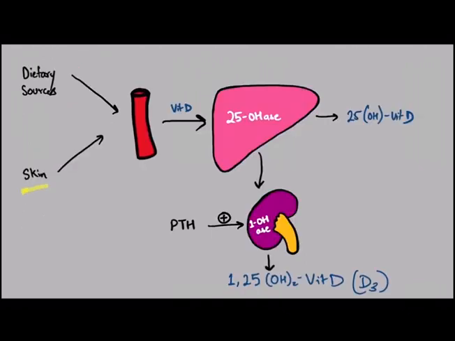The inactive vitamin D obtained from the skin and dietary sources is taken to the liver, where it is hydroxylated by the 25-hydroxylase enzyme, which is present in the liver, and converted to 25-hydroxy vitamin D. This form is transported in the bloodstream towards the kidney, where it is converted to the active form, calcitriol, which is 1,25-dihydroxy vitamin D3, by the enzyme 1-hydroxylase, which is activated by parathyroid hormone.